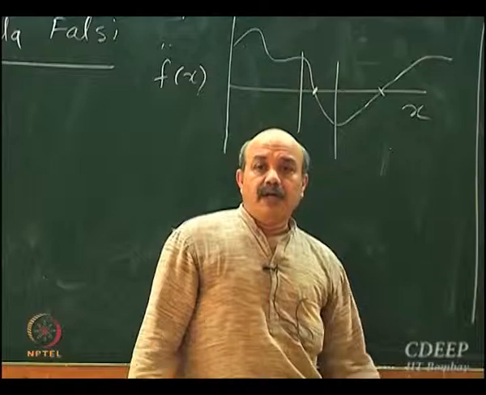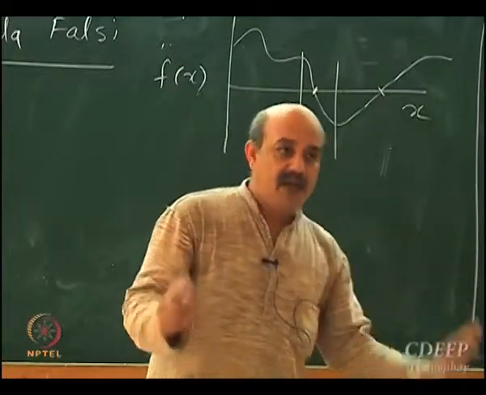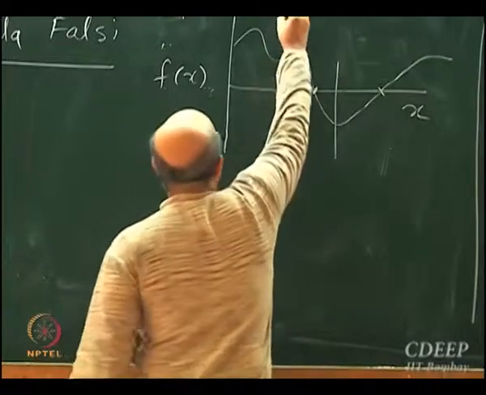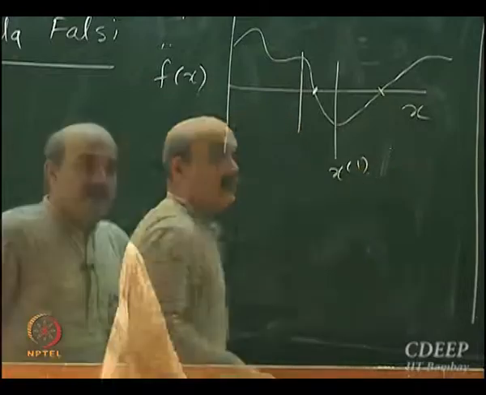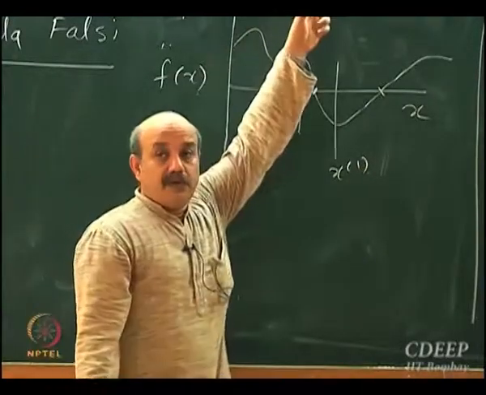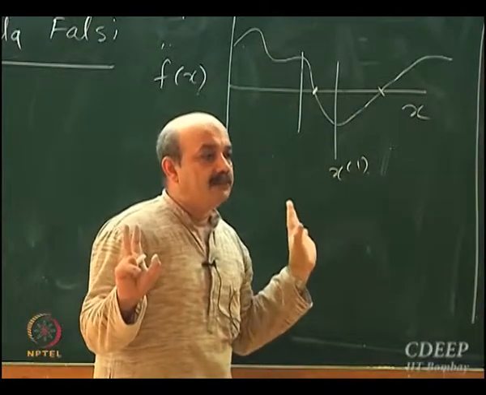Okay, so it starts with two initial guesses, x0 and x1, such that the function evaluated at x0 and the function evaluated at x1 have opposite sign.